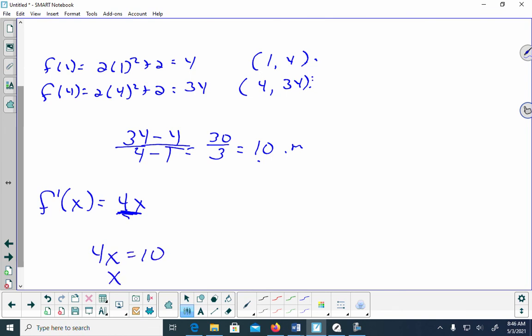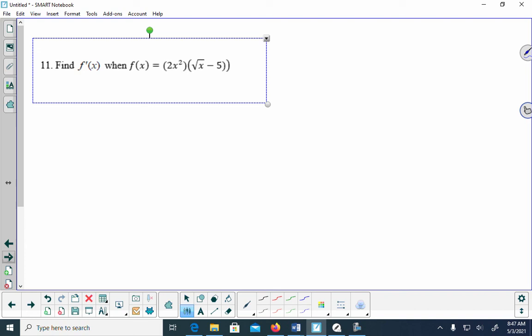Divide both sides by 4, and I get 2.5. So when x is equal to 2.5, the slope of the tangent line is going to be 10, which is the same as the slope of the secant line that is joining those 2 points. Okay, number 11, find the derivative when you have that.